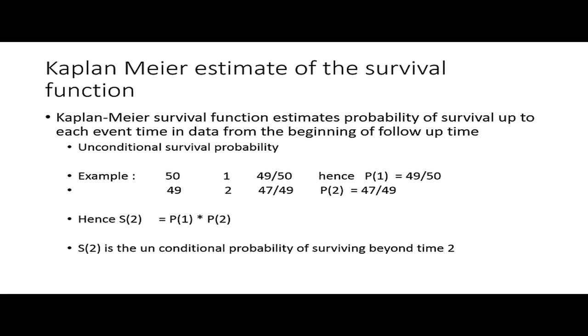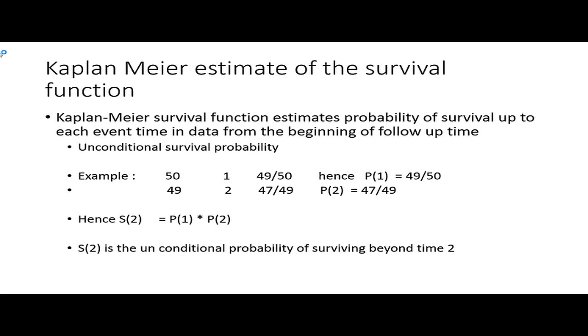Kaplan Meier survival function estimates the probability of survival up to each time in the data, from the beginning to the follow-up time, in such a way that finally we get to know the unconditional survival probability at each point in time. Okay, so what is the unconditional survival probability at time 1, time 2, time 3 up to time n? Okay, if there are n periods in the study window.